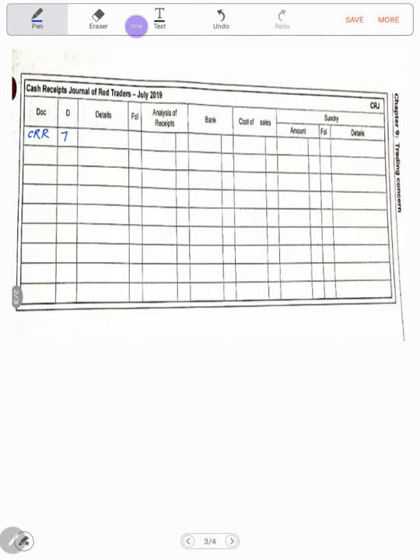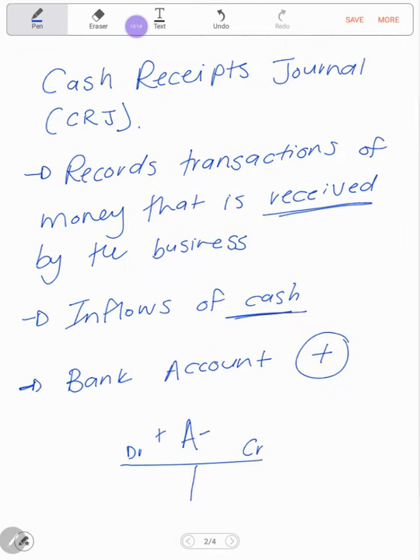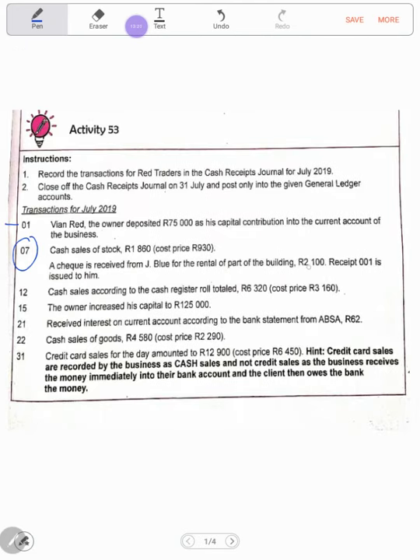Our details, where did we get this money from? We got it from making a sale. Analysis of receipts, how much was that sale worth? It was worth 1,860. Our bank increased by 1,860. Alright, remember, cost of sales is what the business has purchased.